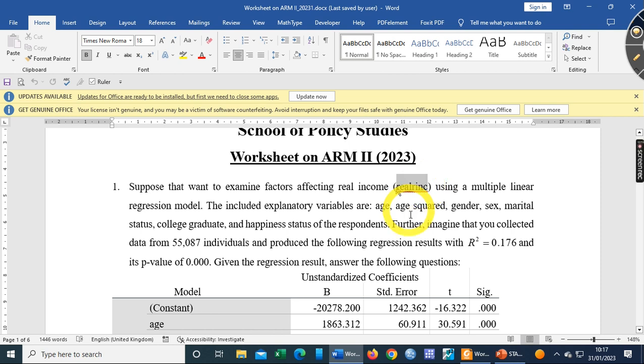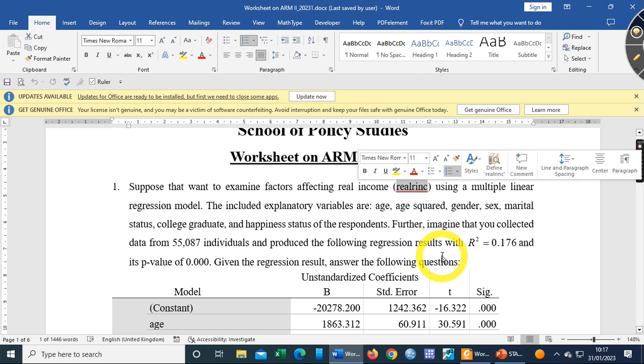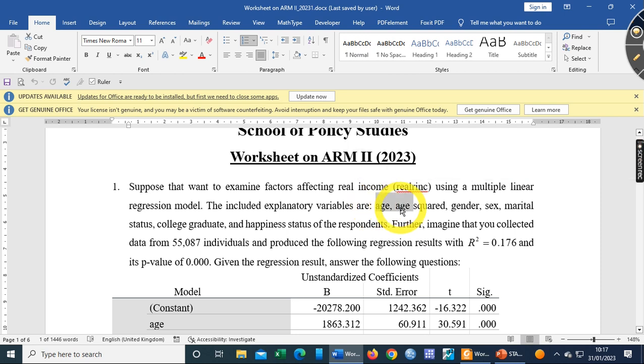This is our dependent variable. We have explanatory variables like age, age squared, gender, marital status, college graduate, happiness status of the respondents.